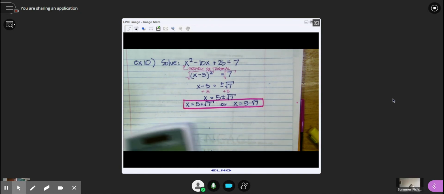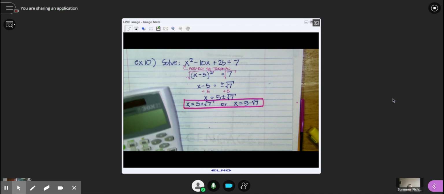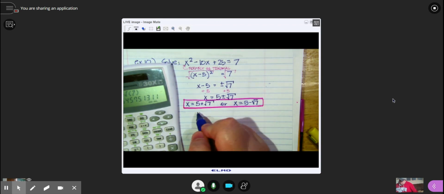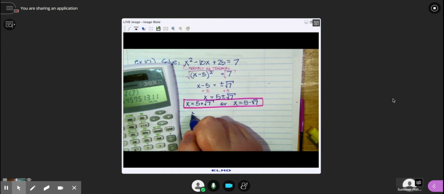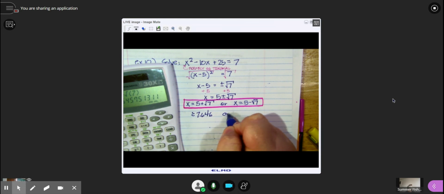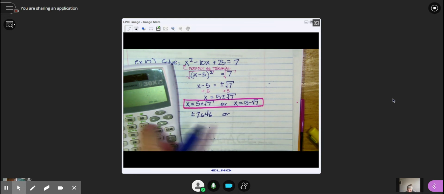So if I had to do 5 plus square root of 7 as a decimal approximation, I'm going to do 5 plus square root 7. Then I'm going to do 5 minus.